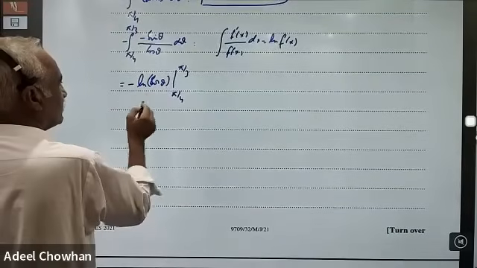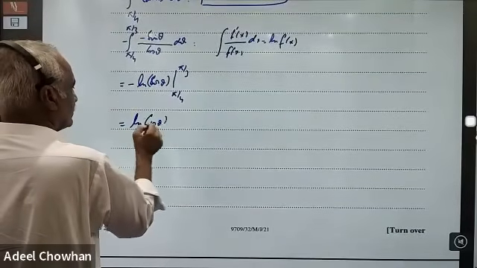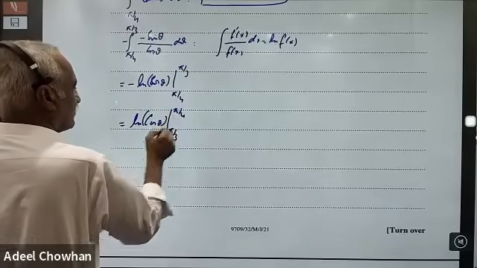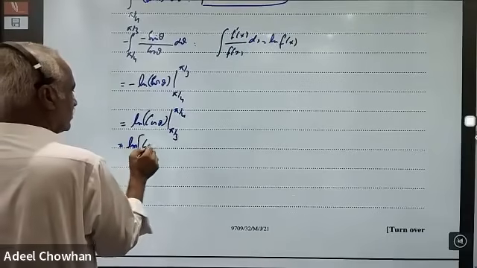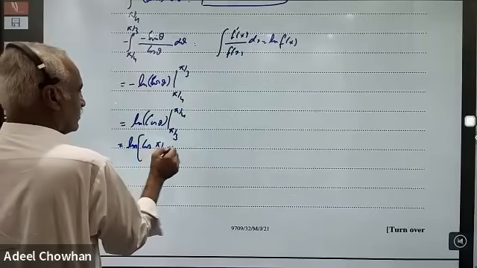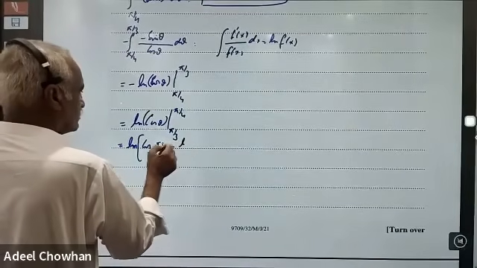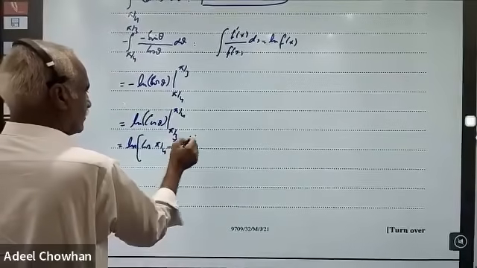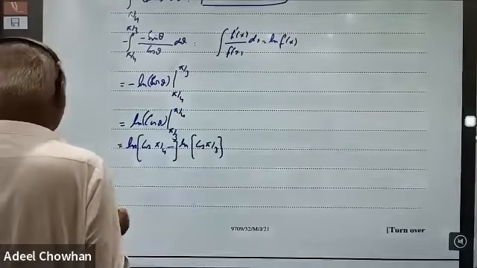So we can change the limits now. So it should be equal to log of cos theta from pi by 3 to pi by 4. So this should be equal to log of cos of pi by 4 minus log of cos of pi by 3.